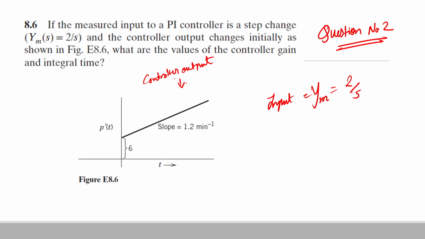So this is our controller output, and we have been asked what are the values of controller gain and integral time. So given this plot, we have to find Kc and tau I.